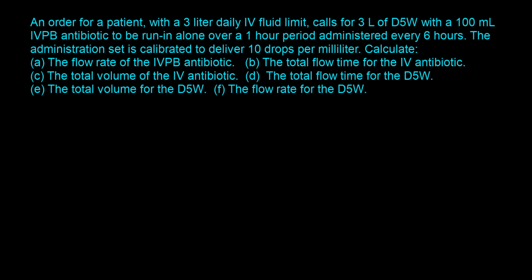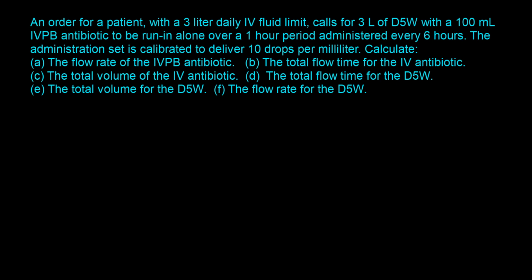Calculate A, the flow rate of the IVPB antibiotic, B, the total flow time for the IV antibiotic, C, the total volume of the IV antibiotic, D, the total flow time for the D5W, E, the total volume for the D5W, and F, the flow time for the D5W.